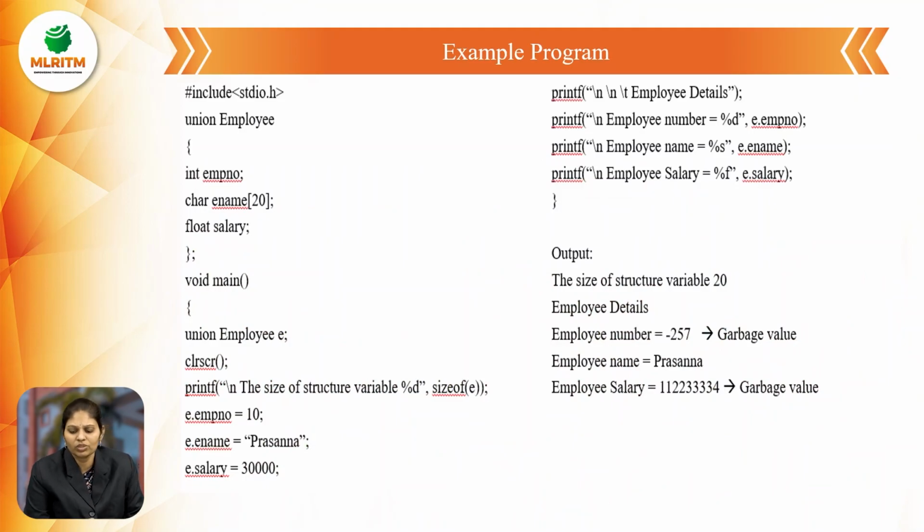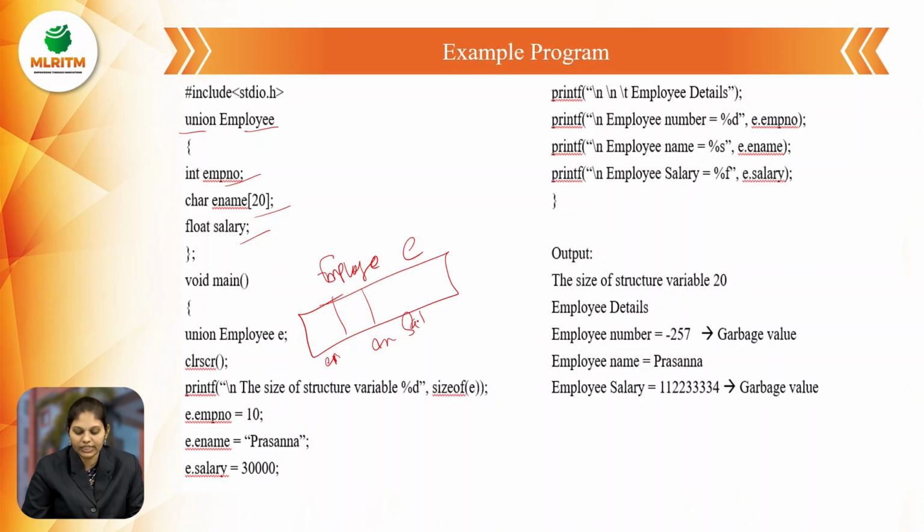The example program for a union is union employee, with int employee number, the same employee name of 20 bytes, and salary. We create the employee variable, and take the example of employee number, employee name, and salary. First the employee number is created, then we can move to the employee name, then the salary is created.